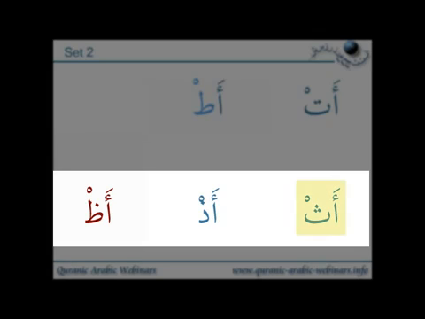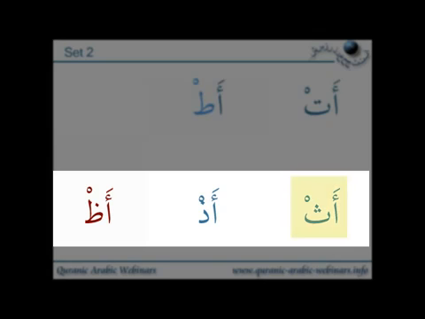So we'll start with the first one. The tha sounds as "ath", just normal soft. Then the dhal will be "adh", and the dha will be a heavier "adh". That's tafkhim: it's heavy, lifting the back of the tongue up, a bit more full mouth.